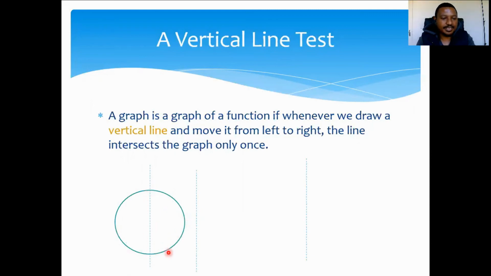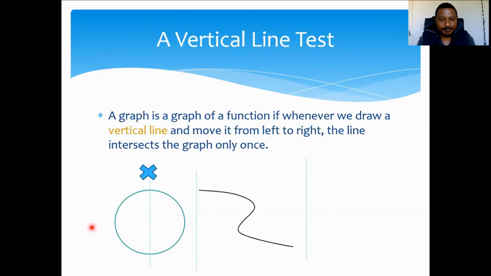Obviously, you know this is a circle. A circle is not a function. In our definition, this line is supposed to cut the graph at one place only, but this one cuts the graph at 2 points. So this is not a typical example of a function.